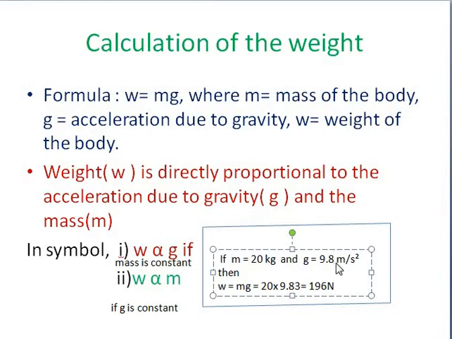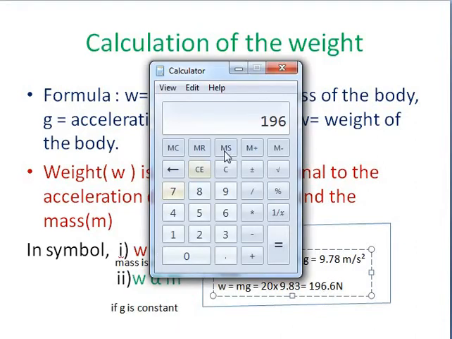Okay. So what about the weight of that object at the polar regions? It is 196.6 newton. Okay. The value changes. So similarly, what is the value at equator?